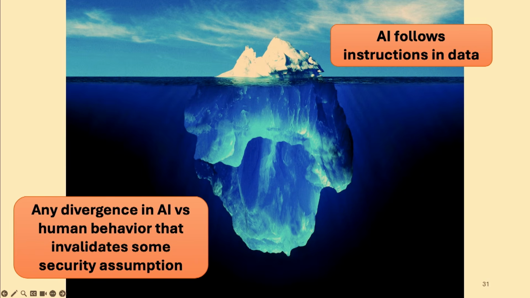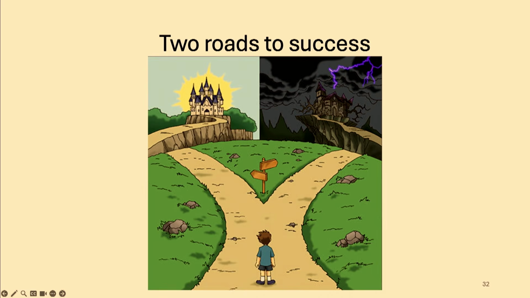So what does that mean? How should we think about building AI models, AI agents, in such a way that we can actually preserve the security of today's human world? There are essentially two ways you could try to achieve this.